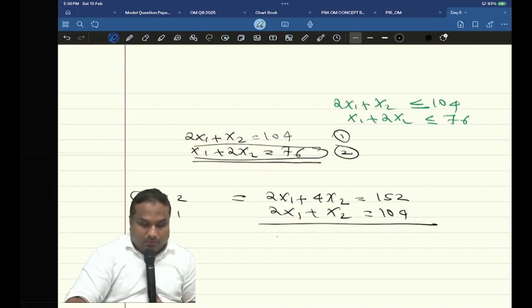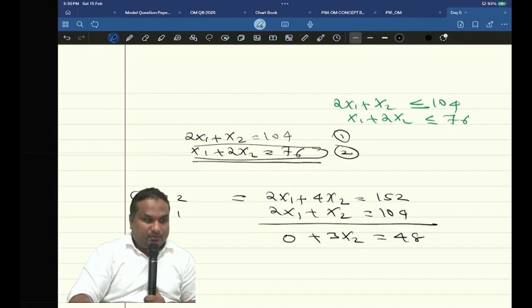Now 2x1 minus 2x1 is 0. 4x2 minus x2 is 3x2. 3x2 equal to 152 minus 104, which is 48.